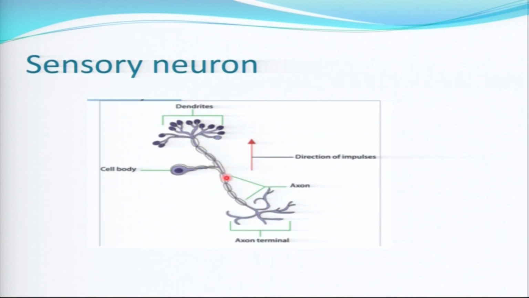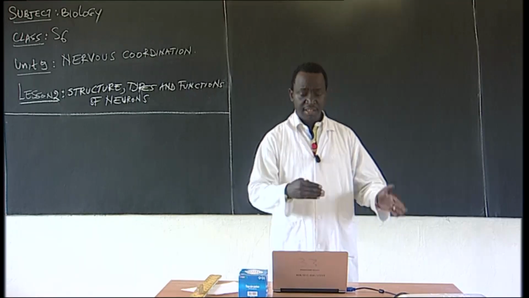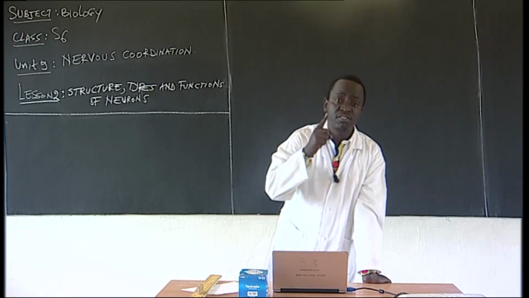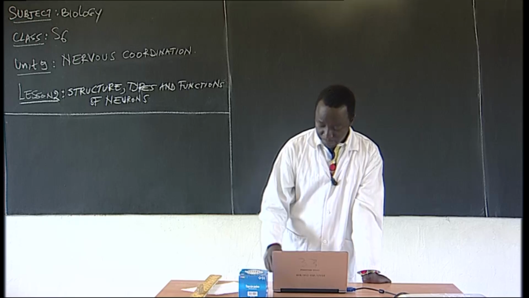And then from the axon, the message can be transmitted to the other neurons because we have many neurons in the brain, in our body. You have millions of nerve cells. And then that information has to be carried along the neuron until it reaches the brain.